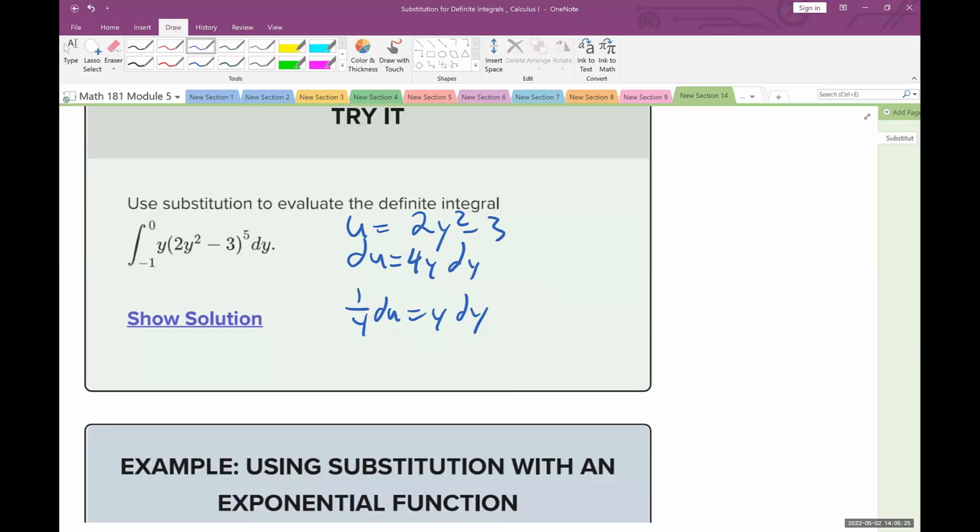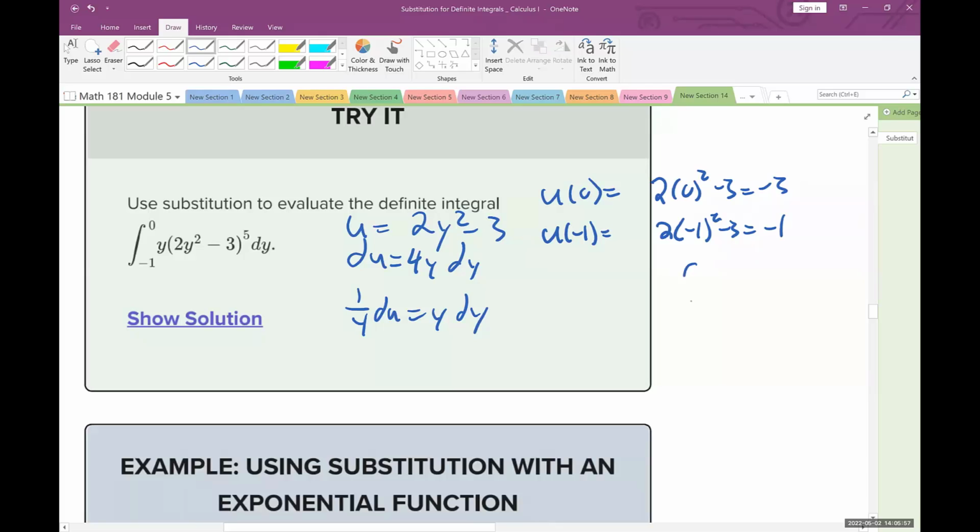The second thing we have to do is look at u evaluated at 0 and u evaluated at -1. What is 2 times 0 squared minus 3? And what is 2 times -1 squared minus 3? It's -1, good.